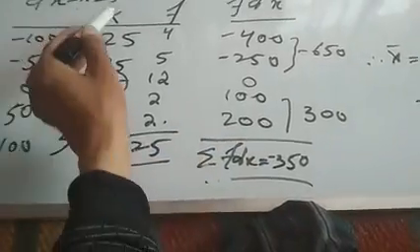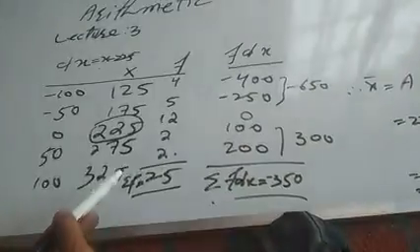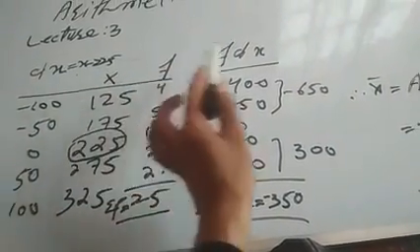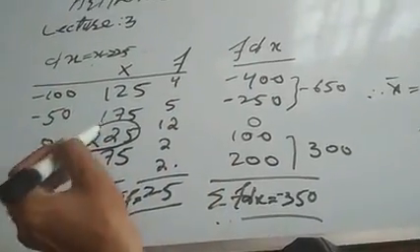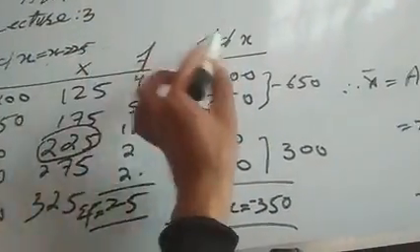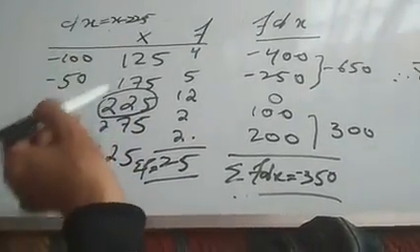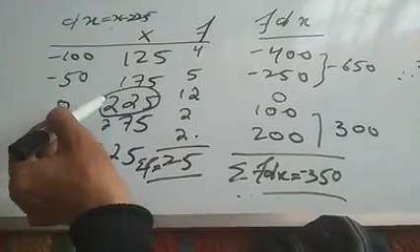What you have to do, you have to find the mid value first. After that, frequency is already given, so multiply f and x, and after that find the dx column. You know the dx column is found by assuming any value from the x column as the assumed mean.